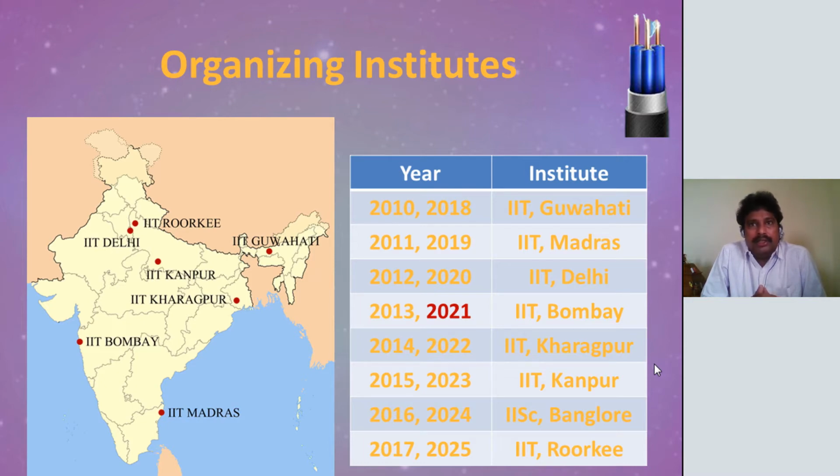That means every institute will be given a chance to organize this GATE examination every 8 years. Suppose if you take the statistics, in 2010, IIT Guwahati organized the GATE examination, and in 2018, IIT Guwahati was given the chance to organize GATE examination.